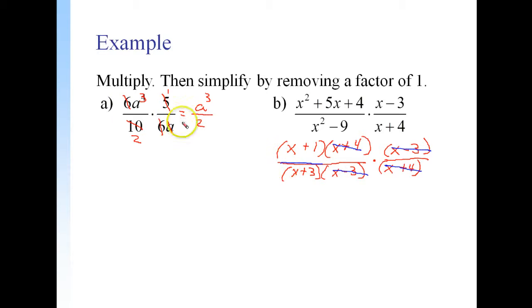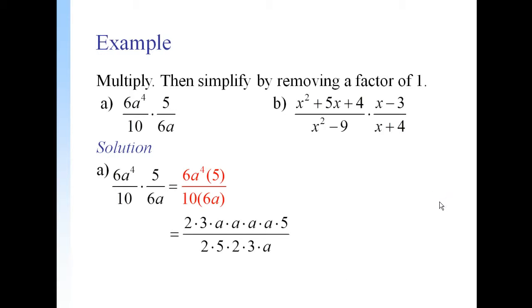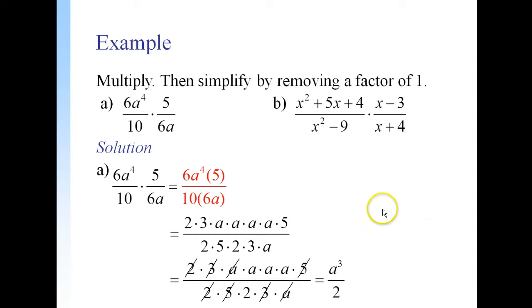Okay? So in multiplying, again, you're going to cancel. Now you could write it out if you'd like. I like the method of canceling. But you need to be careful and neat so you don't make errors. Now that's the long way.